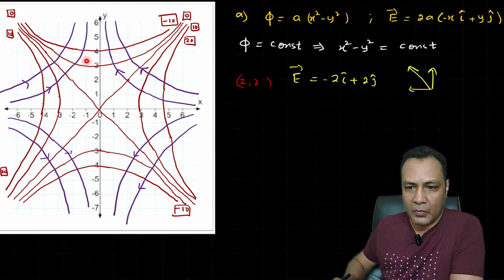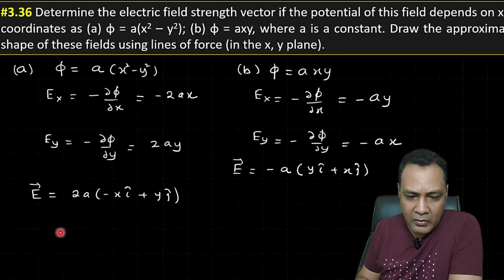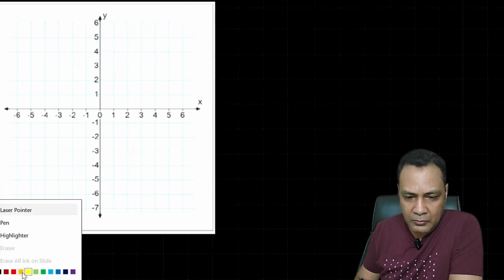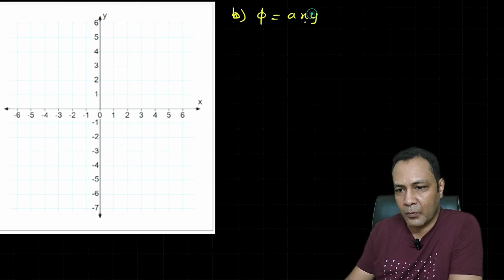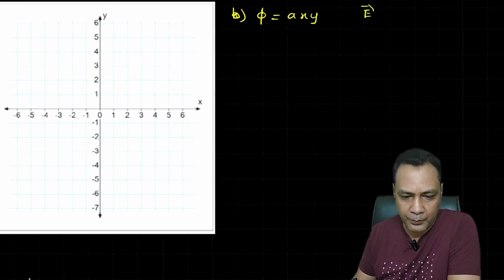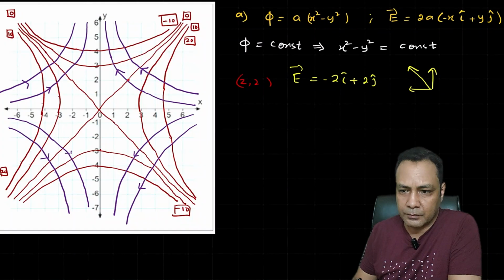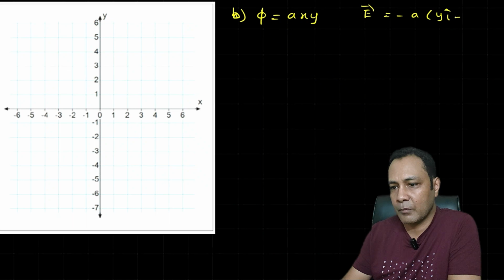Now the second case, the phi was AXY. So in case B, phi is equal to AXY, and its corresponding electric field, we got minus A y i cap plus x j cap.